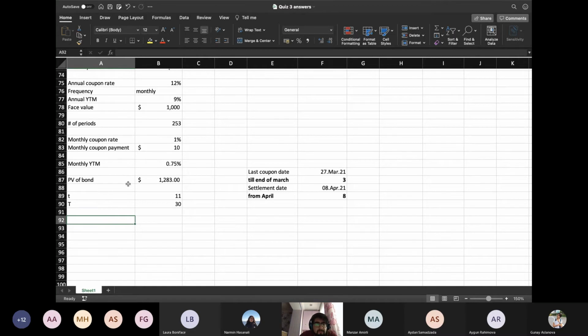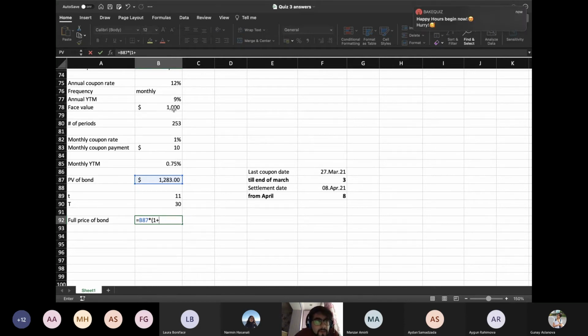So, full price of bond is equal to present value of the bond multiplied by 1 plus monthly yield to the power of 11 over 30.